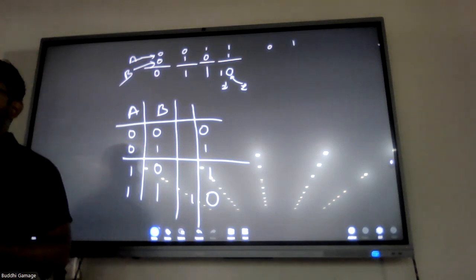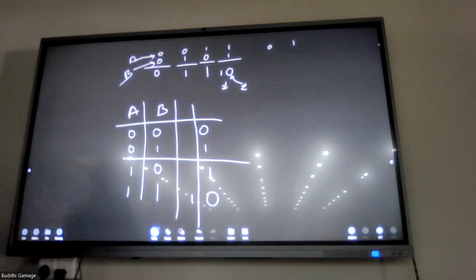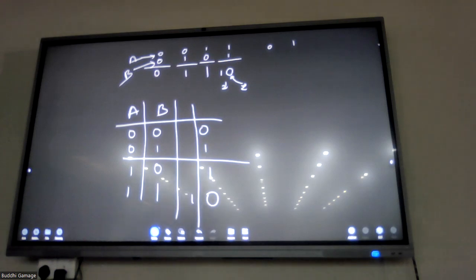Am I going too fast? No. Output still zero. Why?